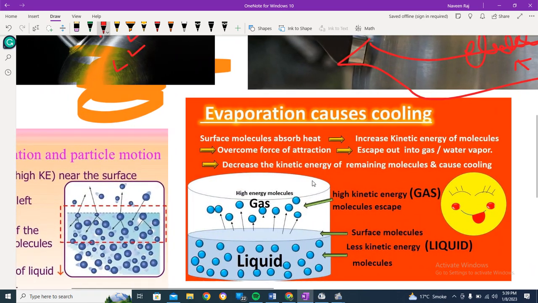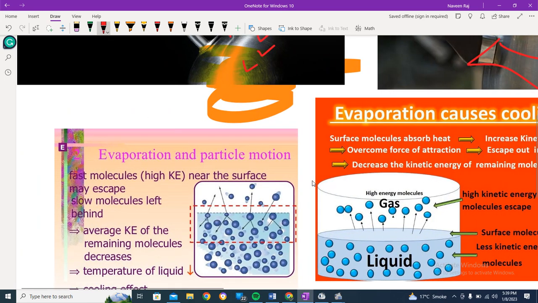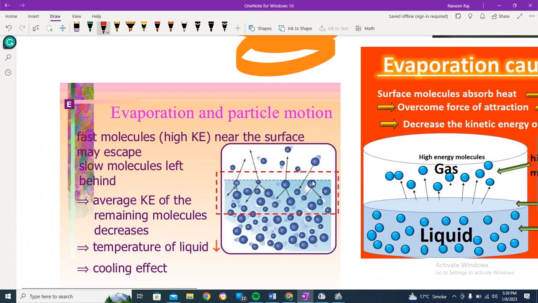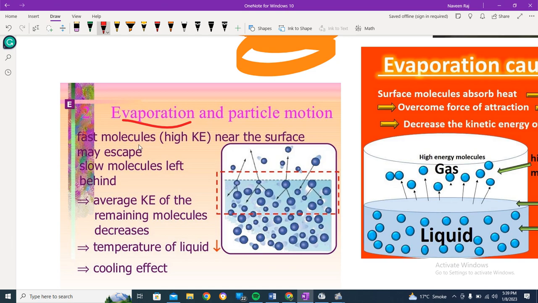Now we have some beautiful diagrams for you to understand more of it. Evaporation: fast particles, with high kinetic energy near the surface, may escape, and slow molecules are left behind. What does this mean? The fast molecules are the molecules having higher kinetic energy, because they have absorbed more heat, and they get released while the slow ones are left behind.